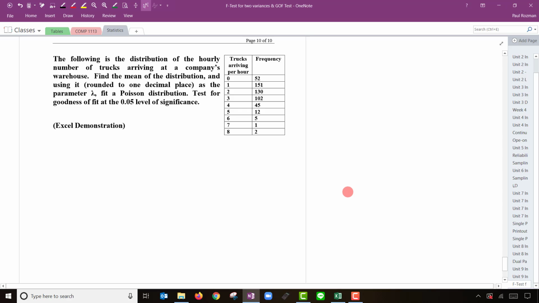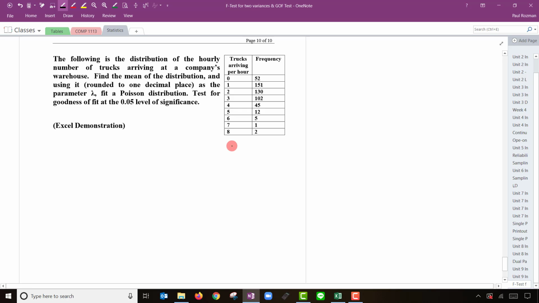We keep track of it over a period of time on randomly chosen hours, and 52 times we saw that no trucks arrived during an hour, and 102 times we saw 3 trucks arrive during an hour, and twice we saw 8 trucks pull up to the warehouse. And we never saw 9, 10, 11, etc.